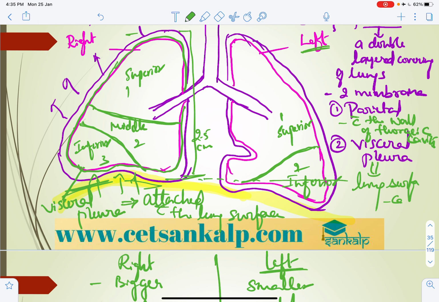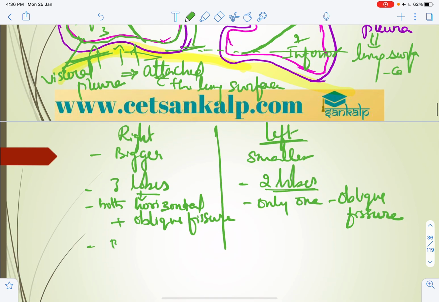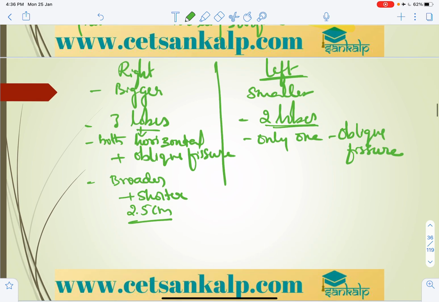So this is the broader one. Here you can observe that this is broader, and here it is narrower. So the right lung is broader and shorter, about 2.5 centimeter shorter compared with the left lung, because of the raised position, because of the liver it occupies, to accommodate the liver.